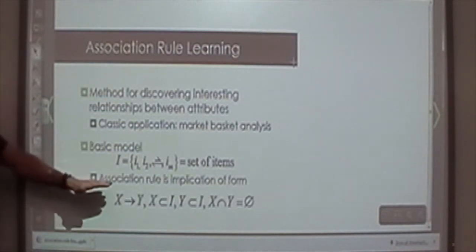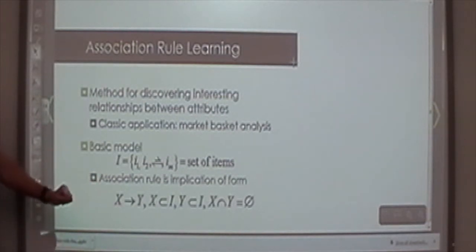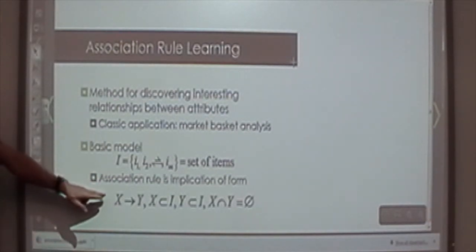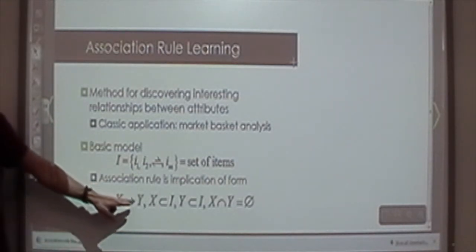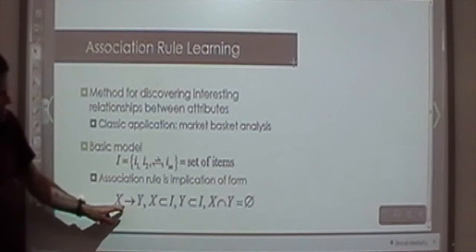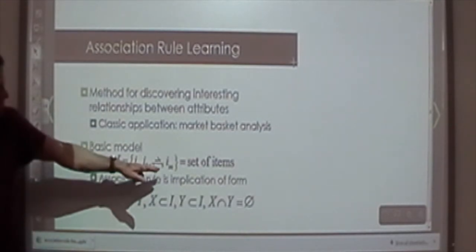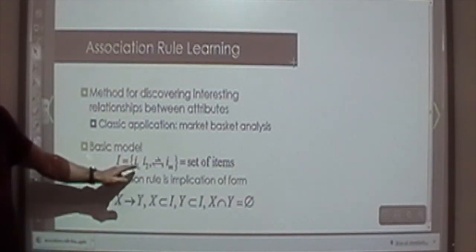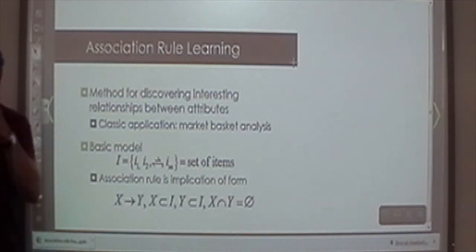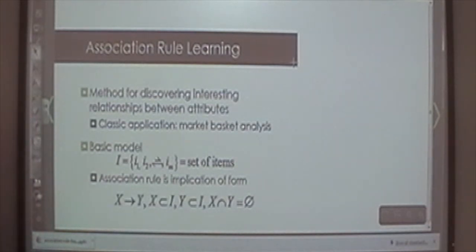What we're looking for is an association rule, which is a rule from one item set to another item set. X and Y are both subsets of the original item set, and they're disjoint, so they have nothing in common.